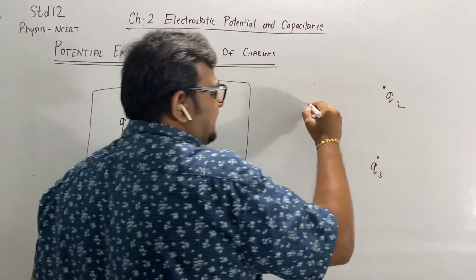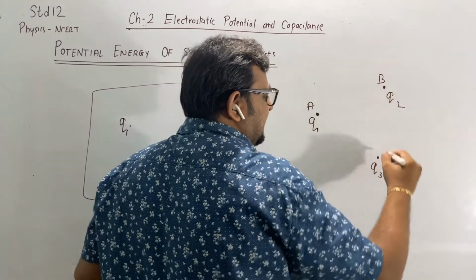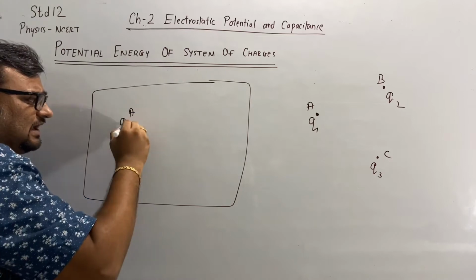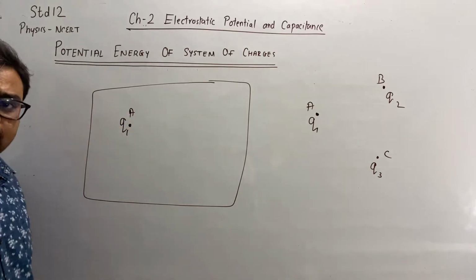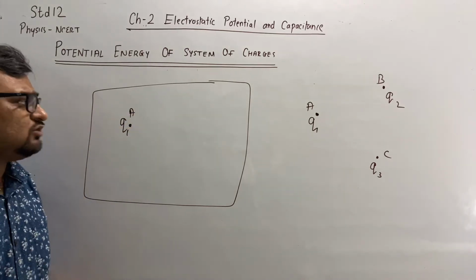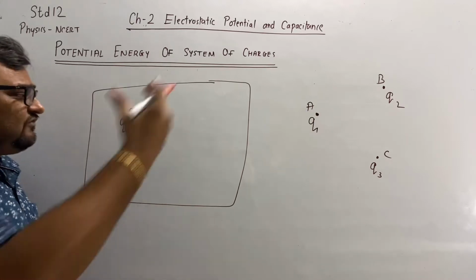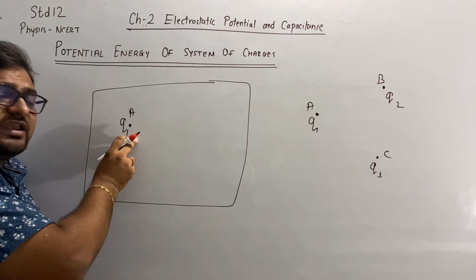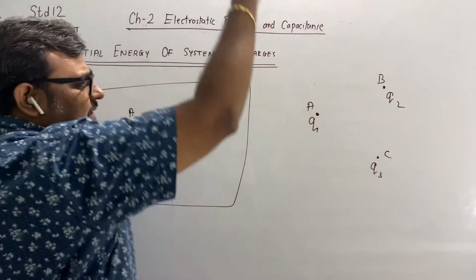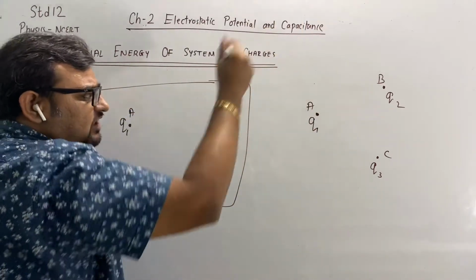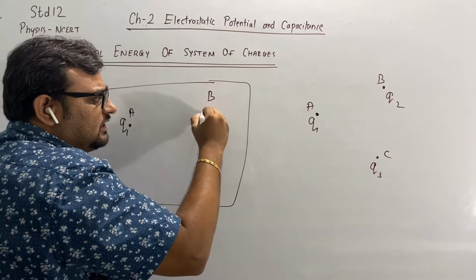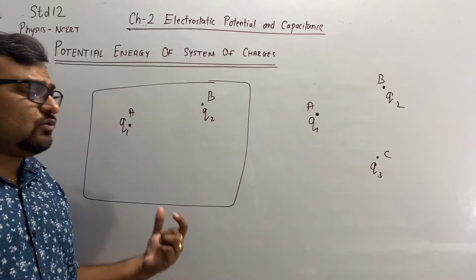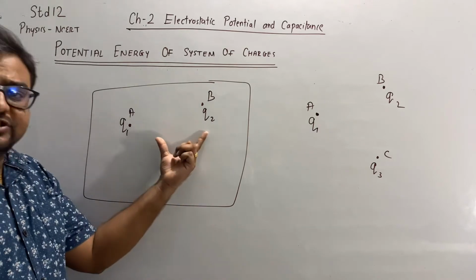Let's name these points A, B, and C. I'm bringing charge Q1 from infinity to point A, so I need to find the work done in bringing the charge from infinity to this point. That will be the potential energy. Now for the second charge, I am bringing charge Q2 from infinity to a point B here. That work done will be stored in the form of potential energy.